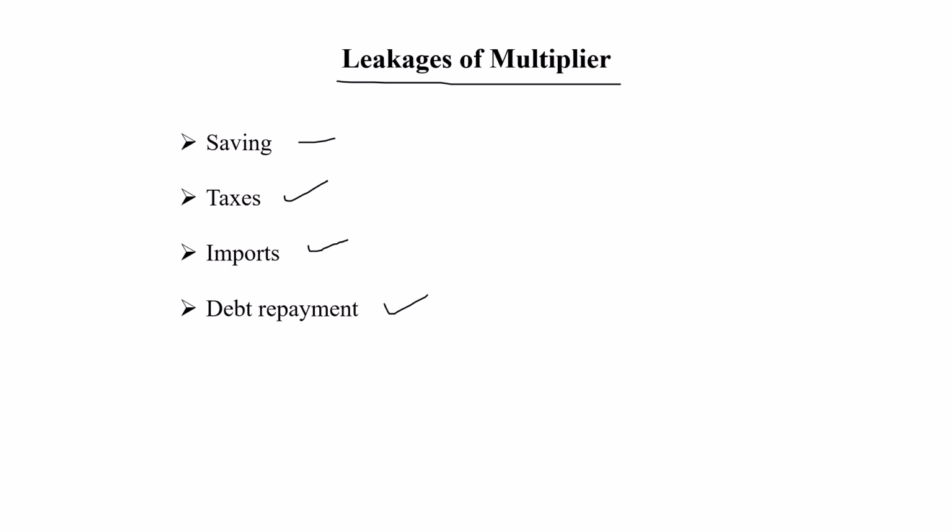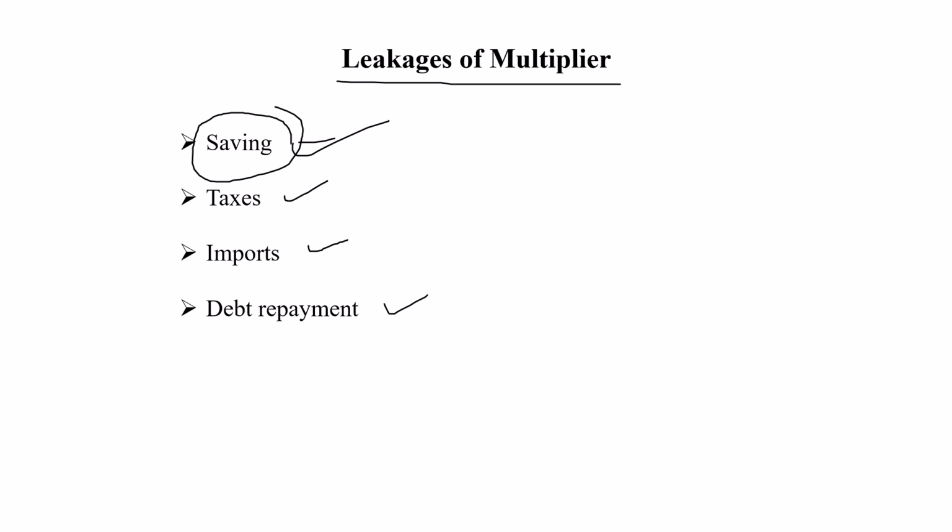How will saving influence? Suppose a person earns income. Instead of consuming, out of the income he saves 80% or 90% rather than 50%.